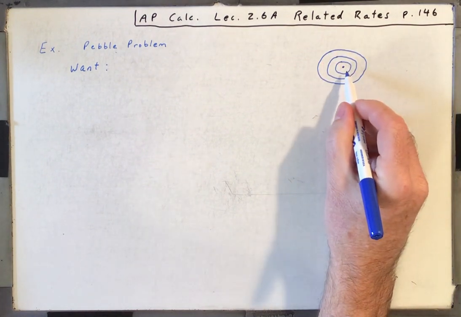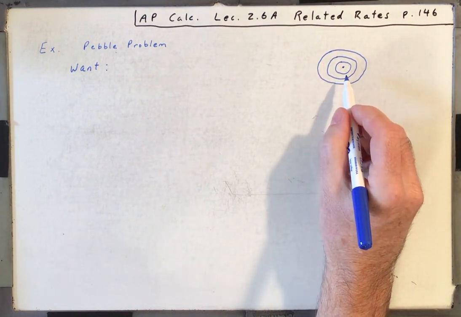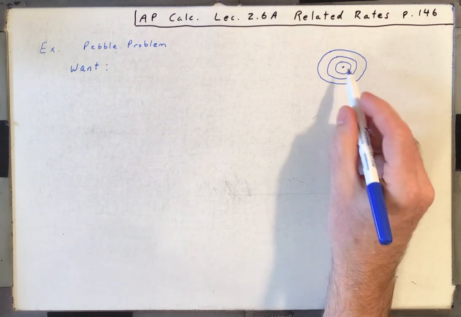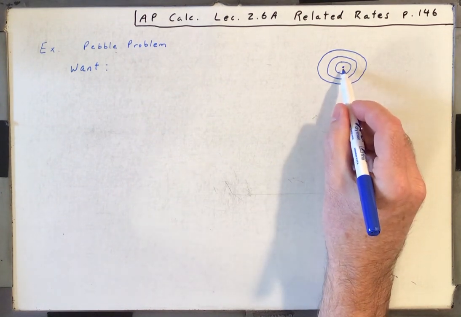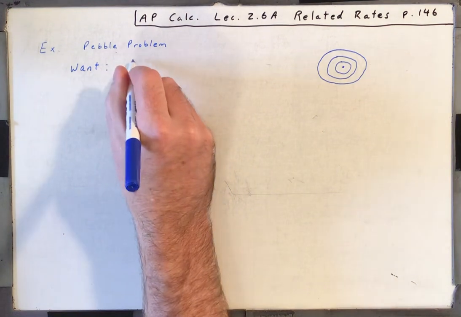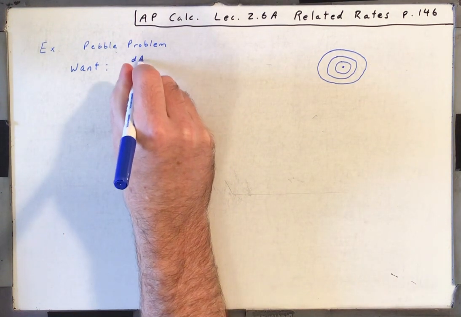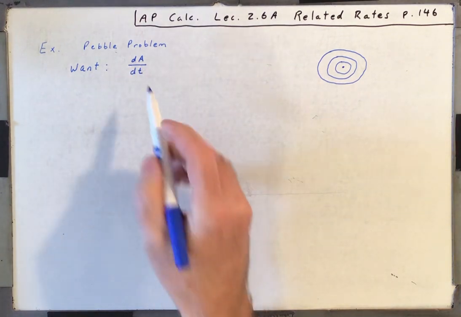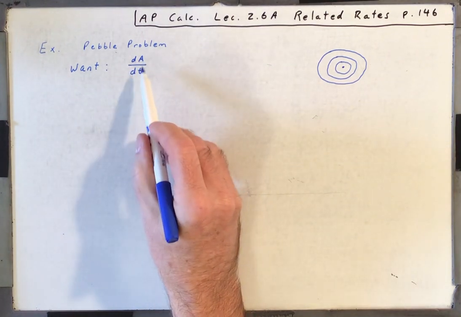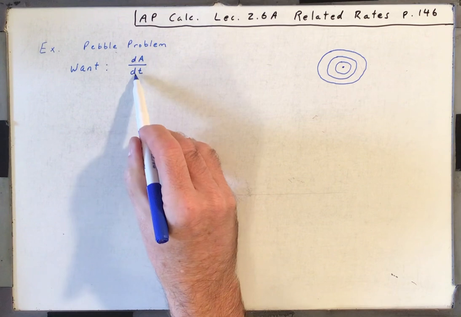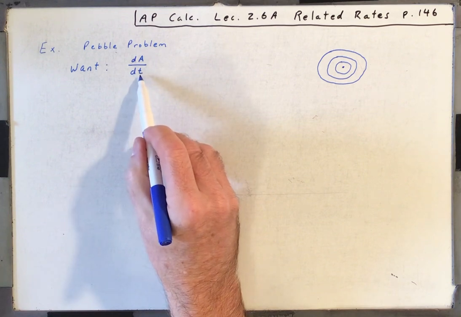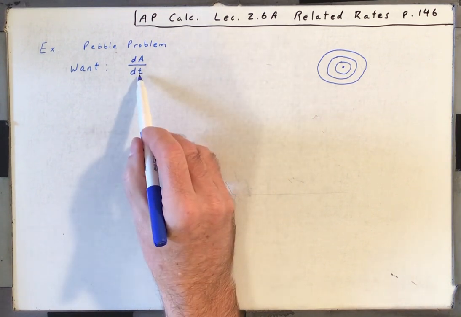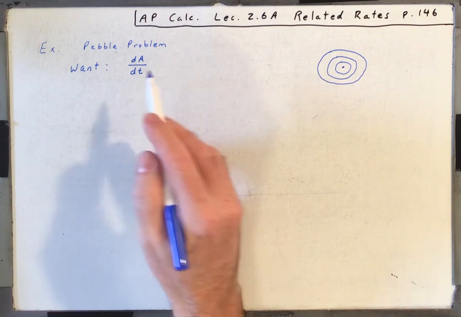Those are bad circles, but it's the best I can do. We want to know how fast is the area changing. So that would be dA/dt. This is just nomenclature that means change in area with respect to time. How fast? So you're going to have time involved.